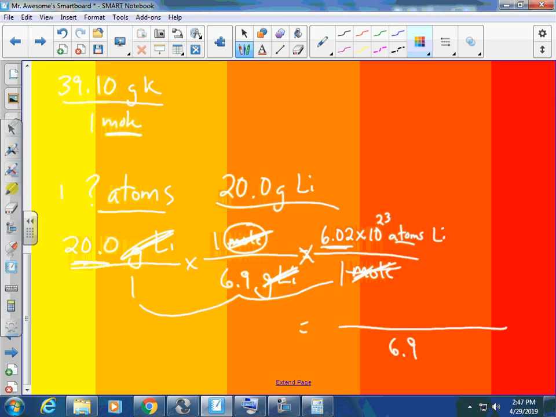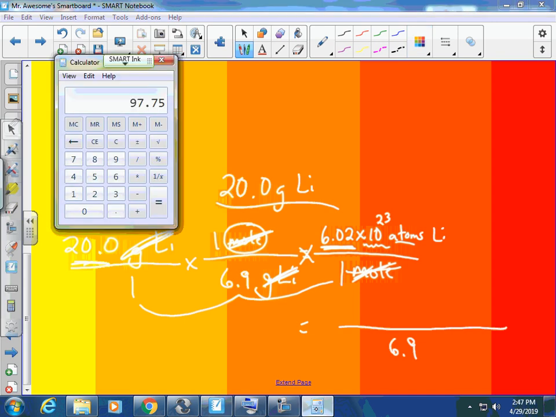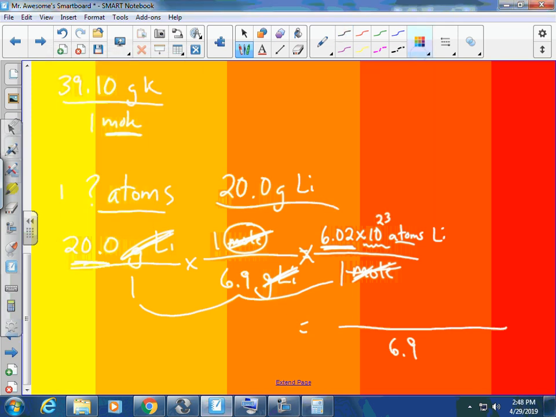And I always think of the scientific notation normal part and then the times 10 part here. All right. So just multiply the normal part, 20 times 6.02, 120.4. All right. Don't forget the times 10 part.